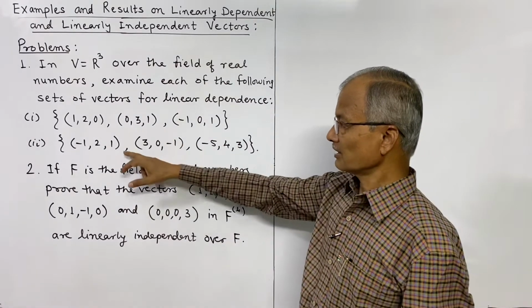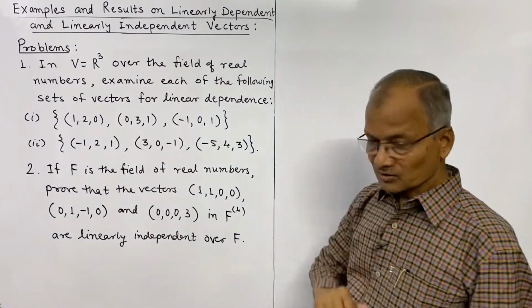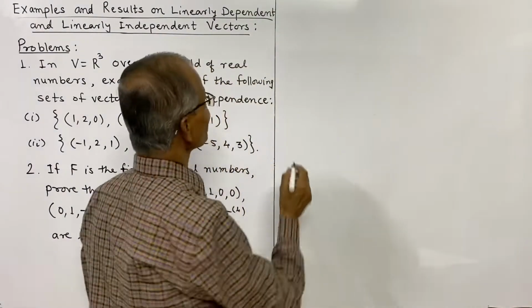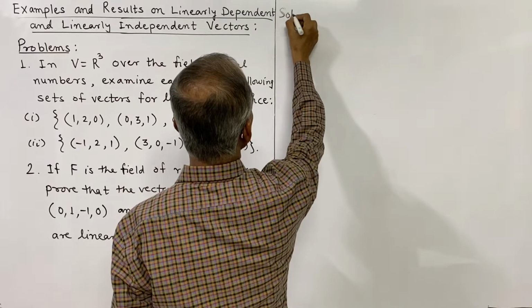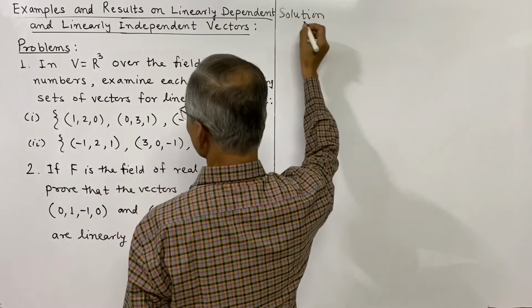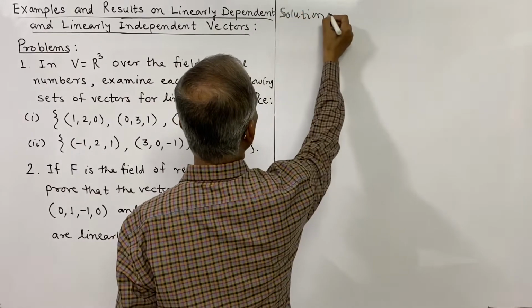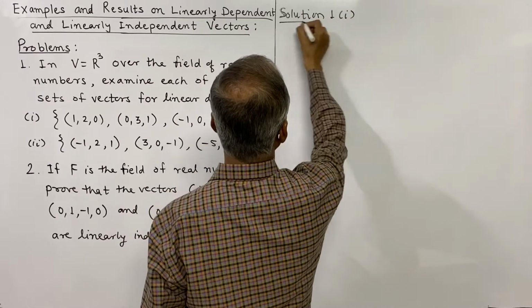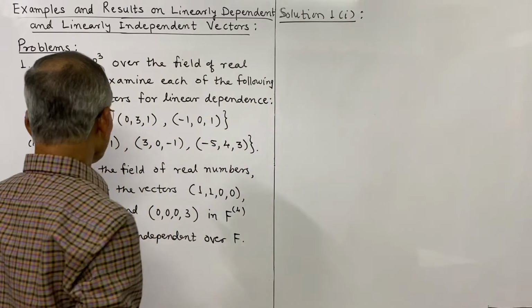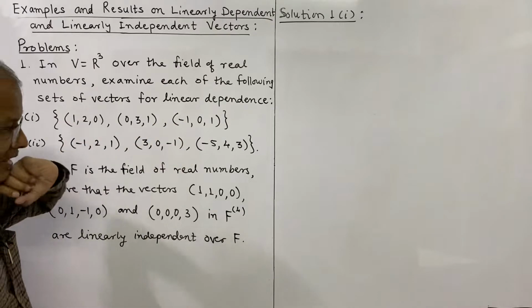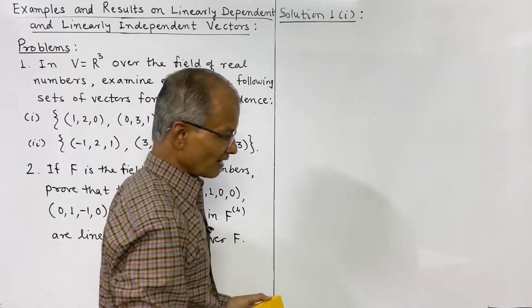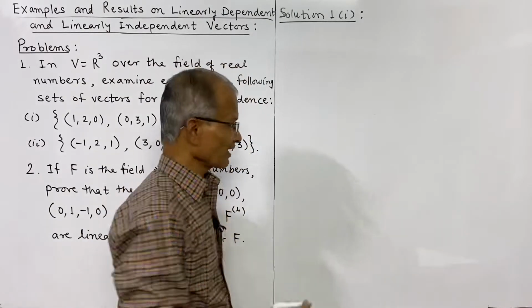This is the first set and this is the second one. So we shall consider the solution for the first. See, here there are three vectors and we have the definition for linearly dependent vectors like this.